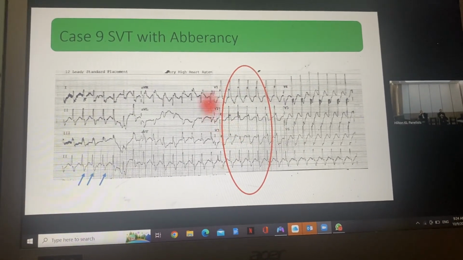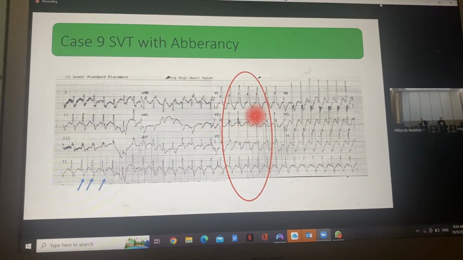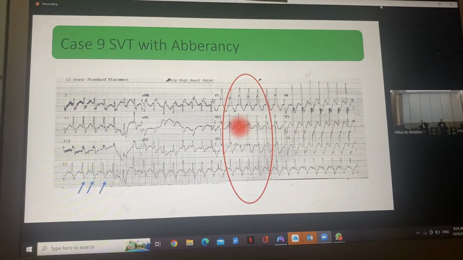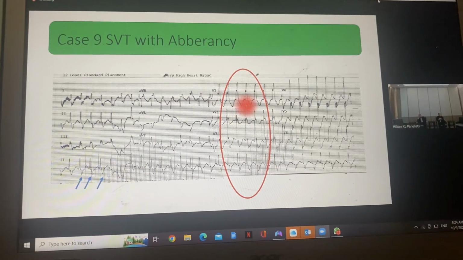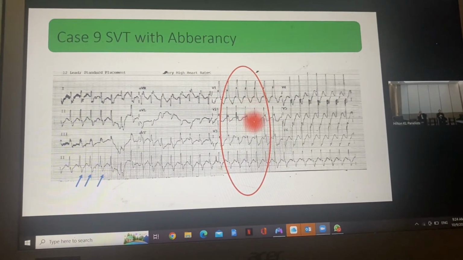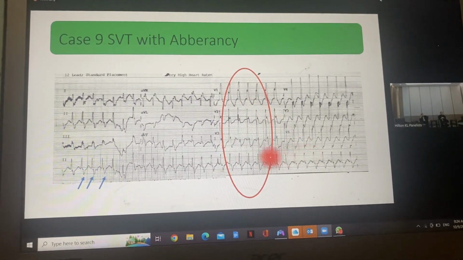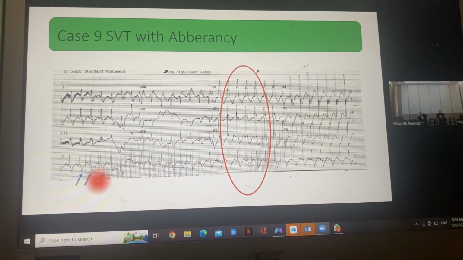I think this will be highlighted in the next presentations. Just to highlight, look at the precordial leads. It's actually a right bundle branch morphology. You can see the rSR prime pattern, which means the right rabbit ear is taller compared to the left rabbit ear. And again, you can see the axis is almost in this quadrant, positive and then going to negative. What I highlight with the blue arrow is the retrograde P wave.